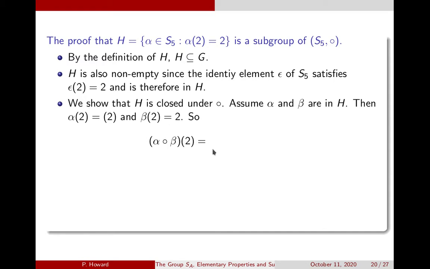Well, by definition of function composition, alpha composed with beta of 2 is alpha of beta of 2. Beta of 2 by assumption is 2, and alpha of 2 by assumption is 2. And therefore, we have completed the proof that alpha composed with beta is in H.